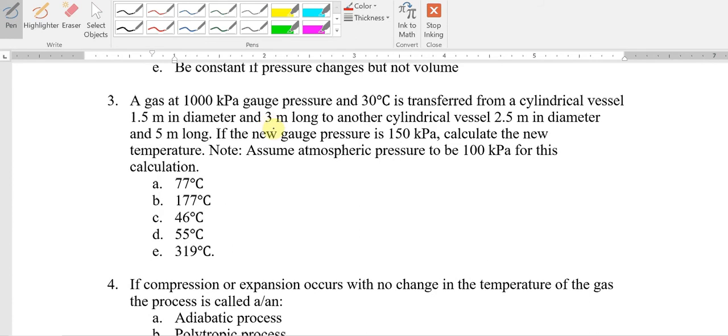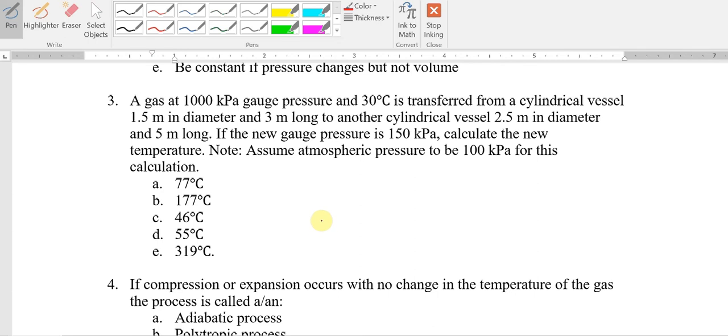A gas at 1,000 kilopascals gauge pressure and 30 degrees C is transferred from a cylindrical vessel of 1.5 meters in diameter and 3 meters long to another vessel 2.5 meters in diameter and 5 meters long. If the new gauge pressure is 150 kPa, calculate the new temperature.